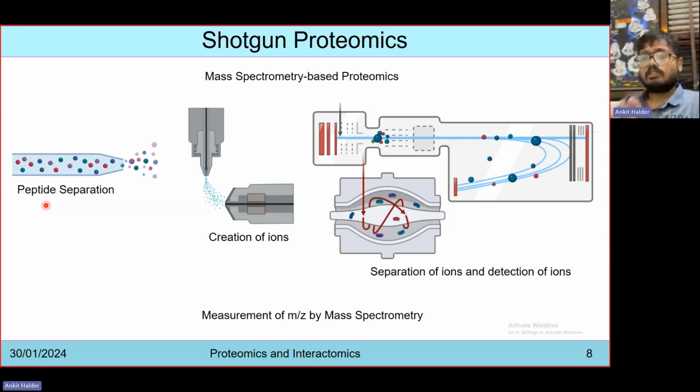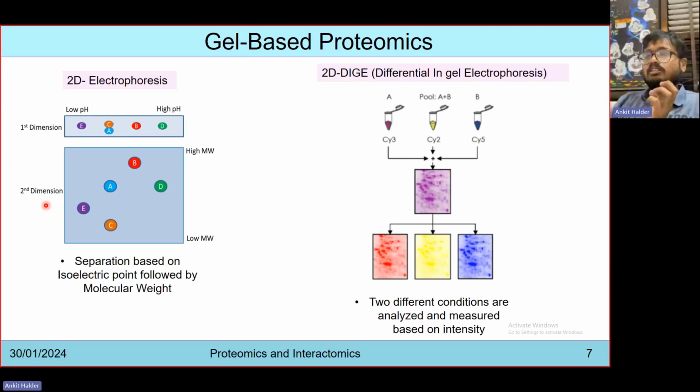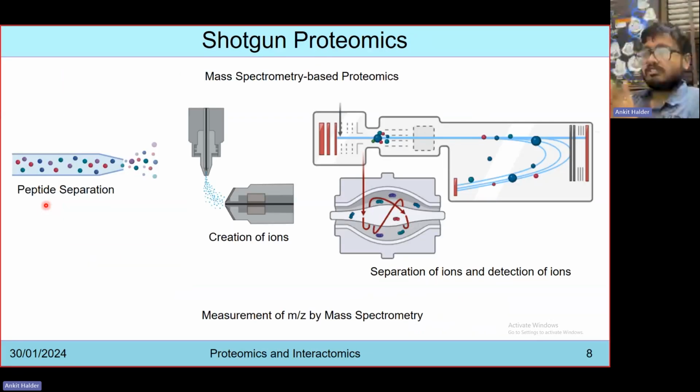We had talked about proteins on the basis of molecular weight and ions, but here we started talking about the peptide. So we haven't spoken about proteins as such, but rather peptides.